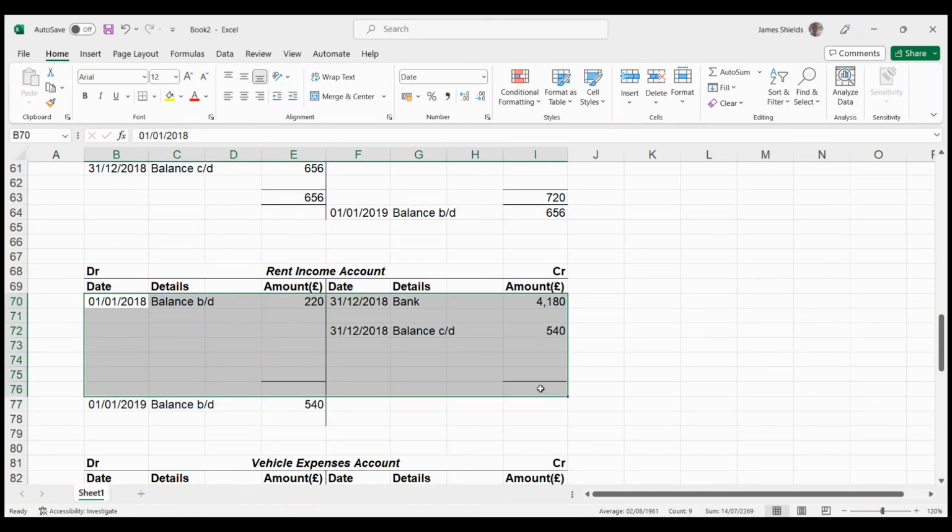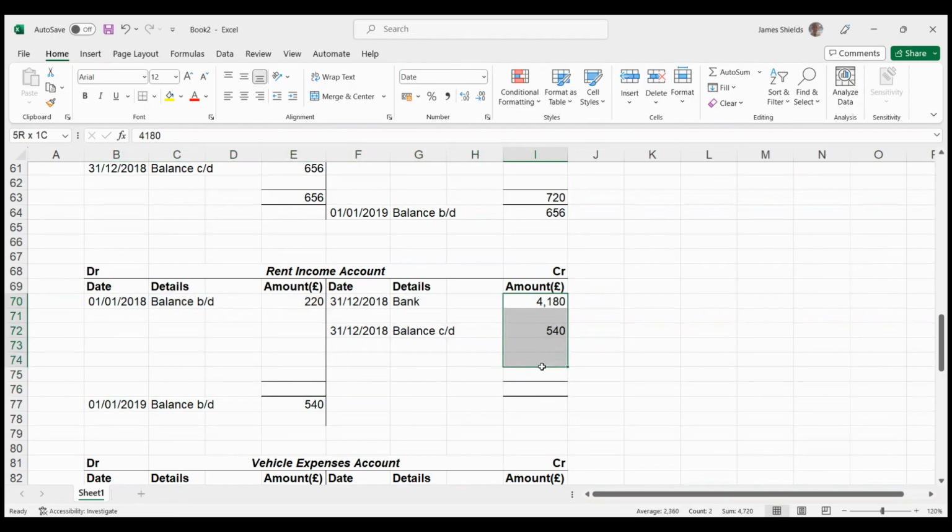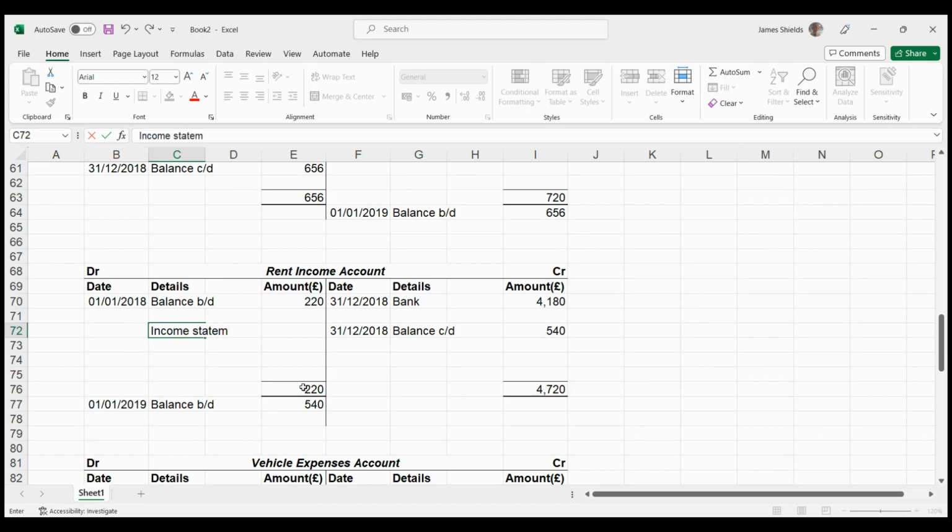Now we look at our T account balances. The debit side and credit side are different. The credit side totals 4,720. The debit side totals £220. So what that means, the difference is going to go to our income statement. So this is going to be the rent received in our income statement. So it'll be the 31st of December 2018.